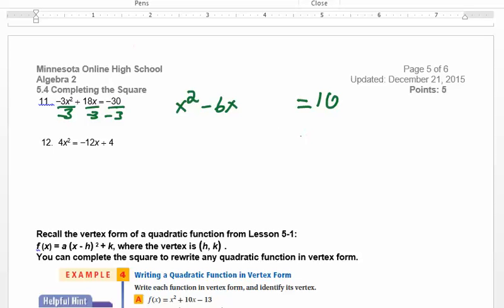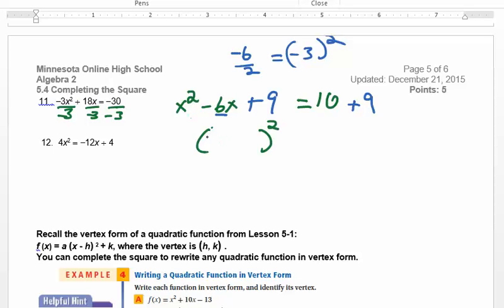And then your next step is to take half the term in front of the x, take half of that. That'd be negative 3. And then square that. That number is what you add to both sides. Okay? Now, because you did that, you're now going to be able to write this as something squared.